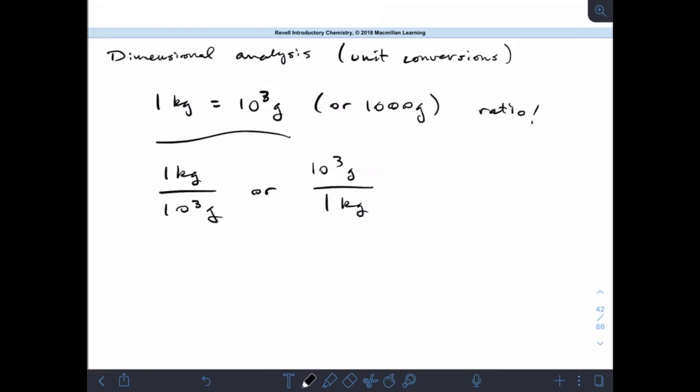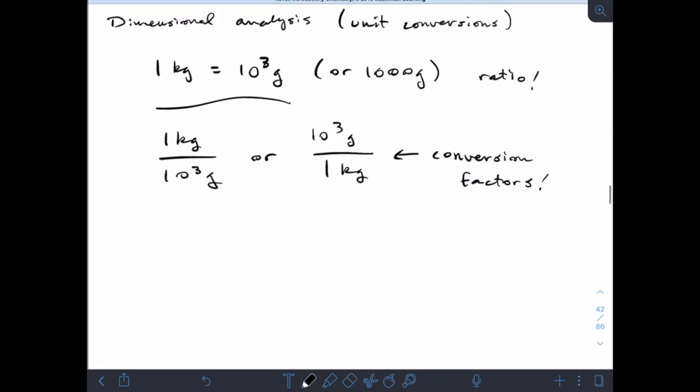Either one works because they're equal to each other. I can write it either way. What we're going to call these are conversion factors. That's the basic term for those, and we're going to use those to go from one unit to another unit.